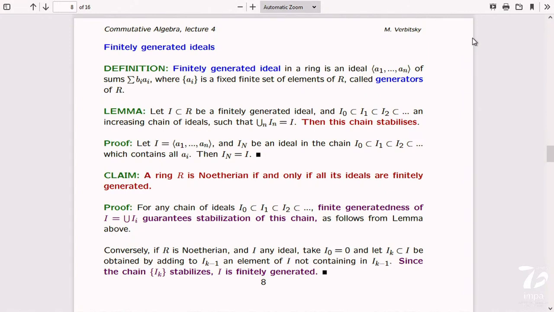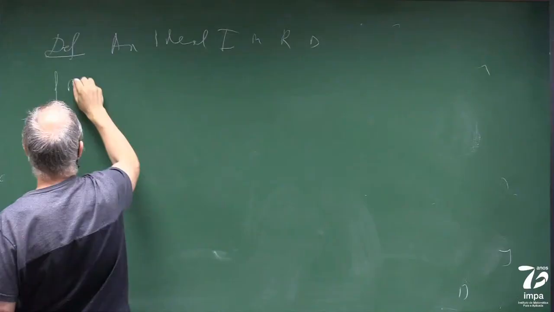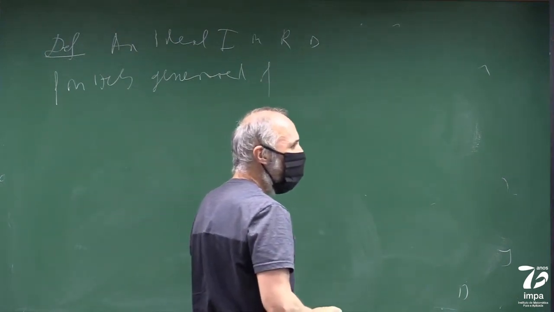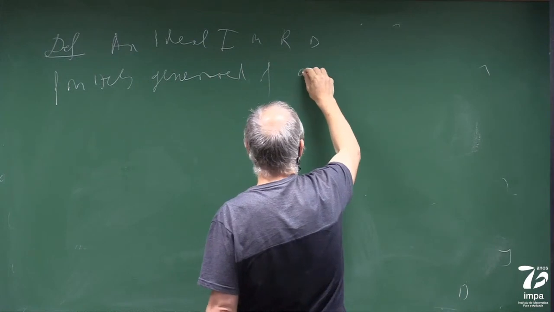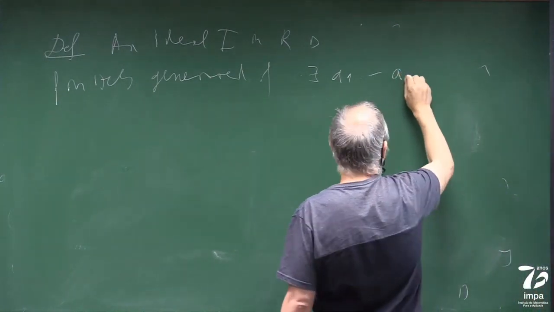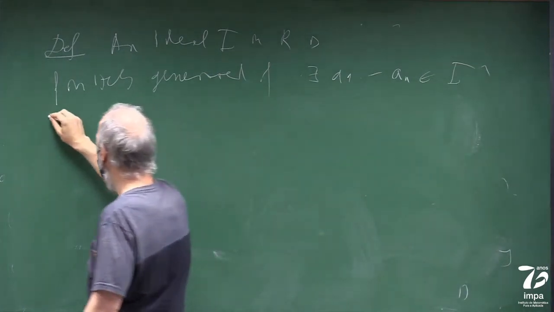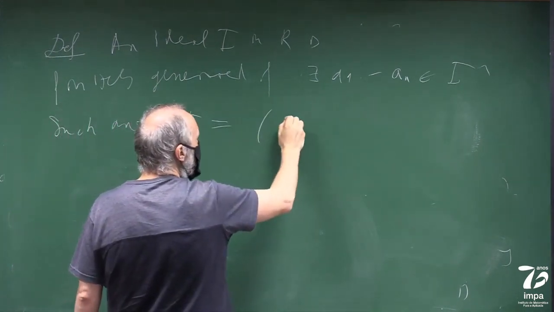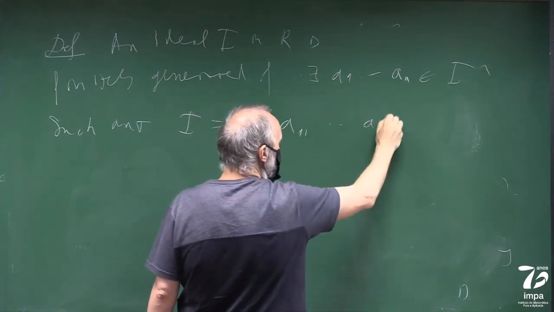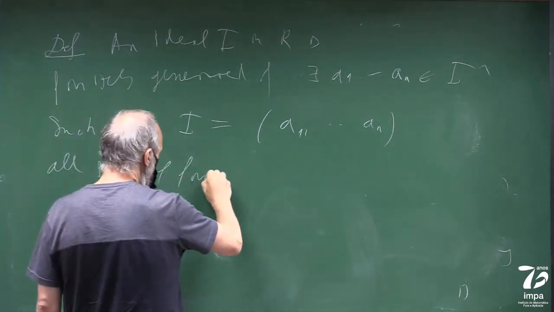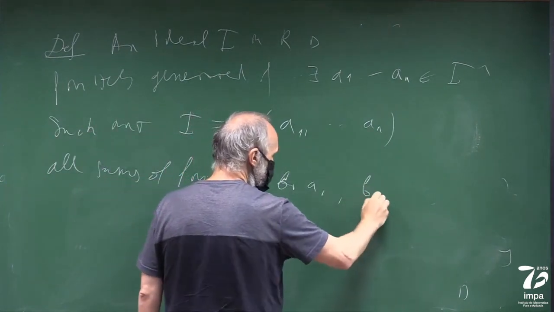An ideal I in R is finitely generated if there exist generators, there exist a1, ..., an inside this ideal such that I is equal to what is denoted by angle brackets (a1, ..., an), and this means all sums of the form sum of b_i a_i, where b_i have coefficients inside our ring.